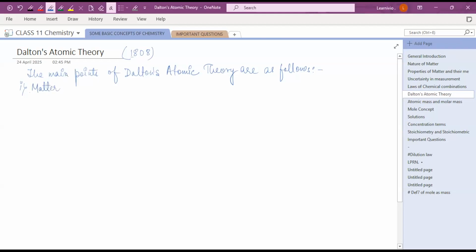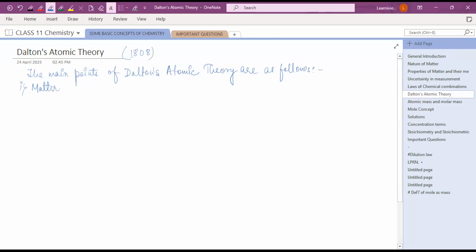Sometimes in your exam a question comes directly from here: explain Dalton's atomic theory, or write down the various postulates of Dalton's atomic theory. The postulates are nothing but these main points. And sometimes they ask you the limitations, the demerits of Dalton's atomic theory.